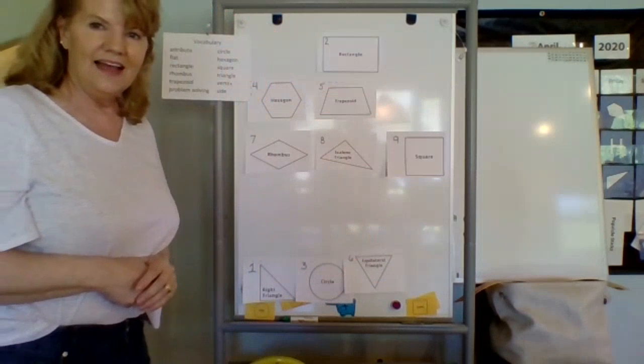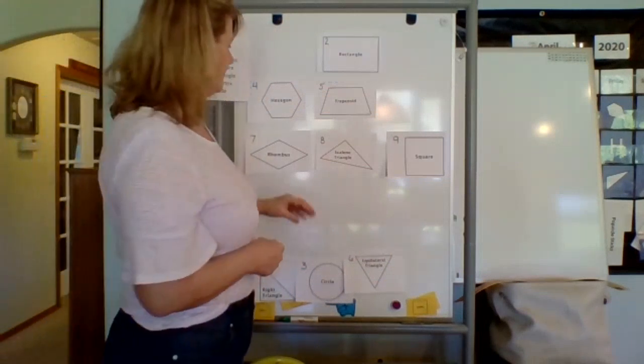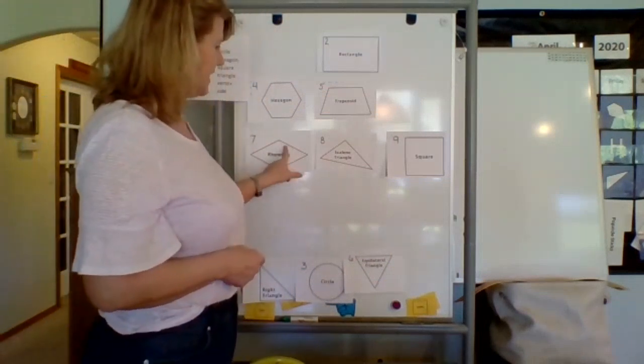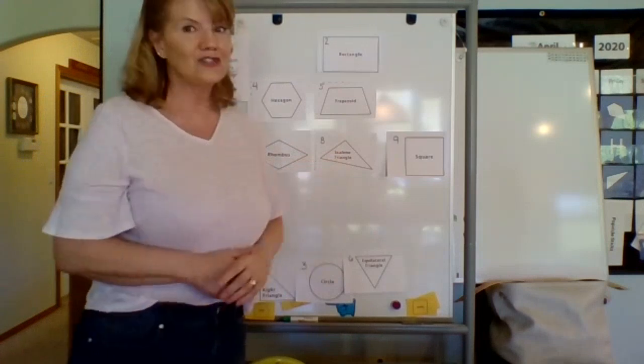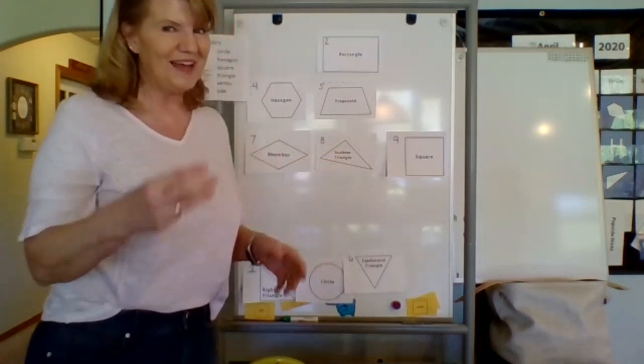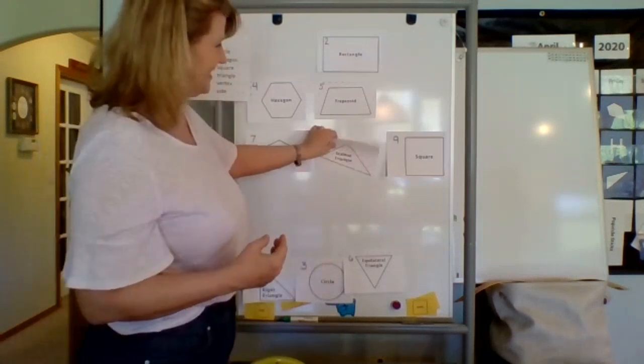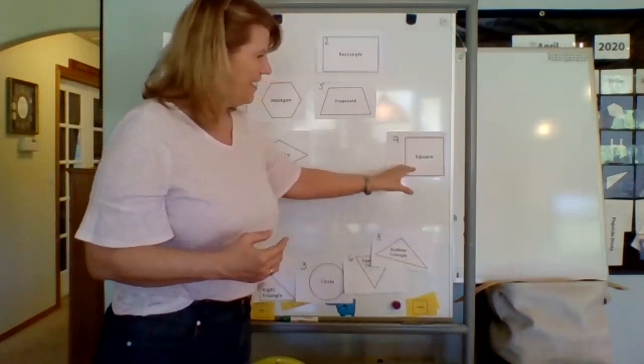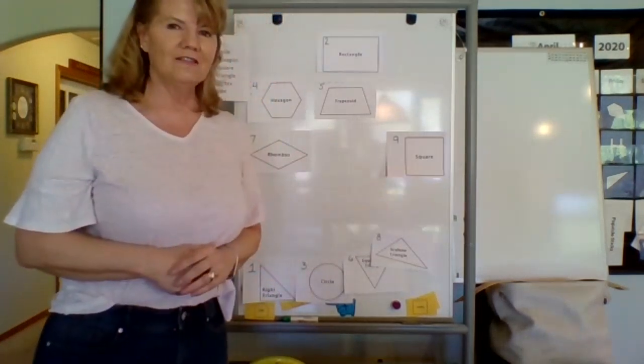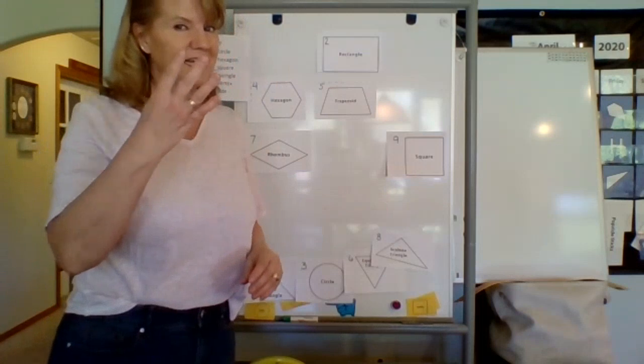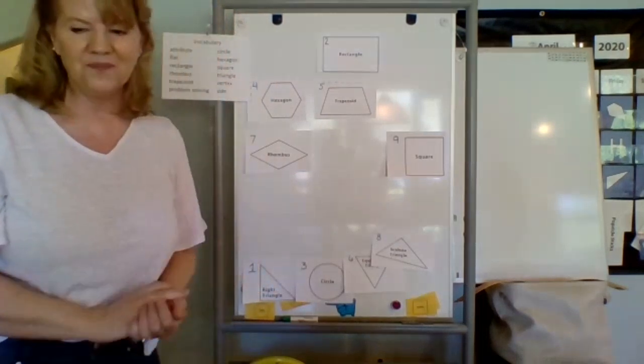The rhombus has more than 3 sides because it has 4 sides. A scalene triangle, we just talked about, has 3 sides. And then there's the square. A square has 4 sides, so that's more than 3.